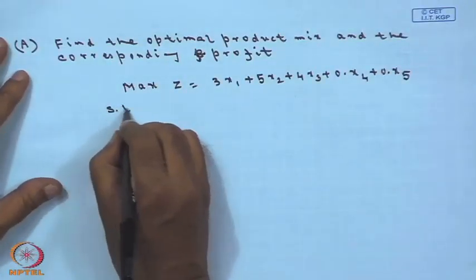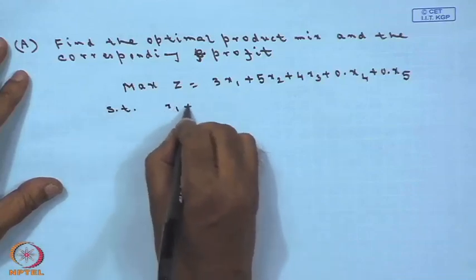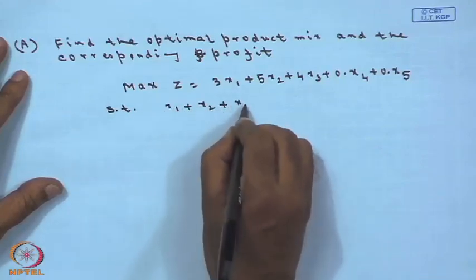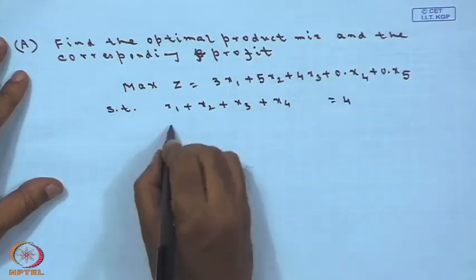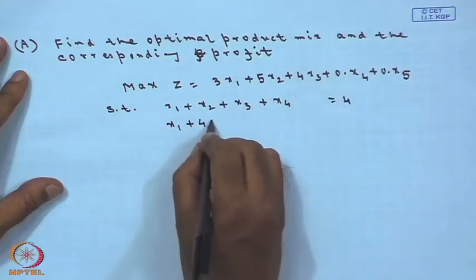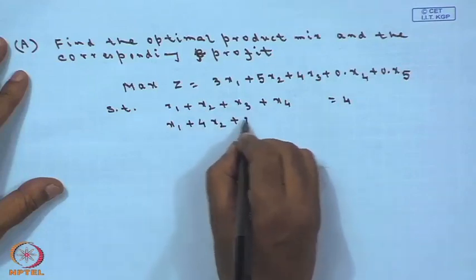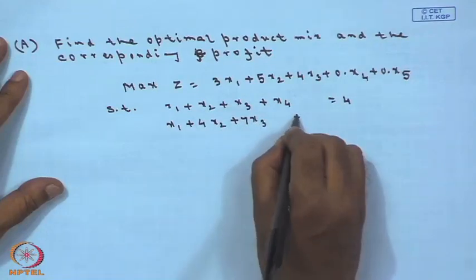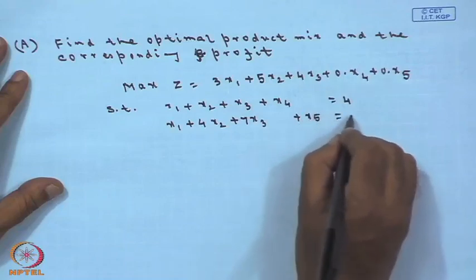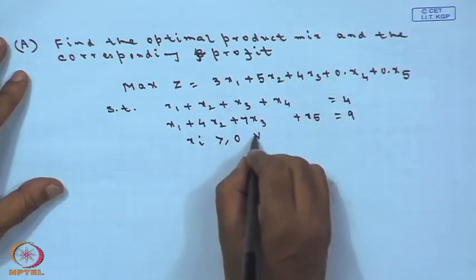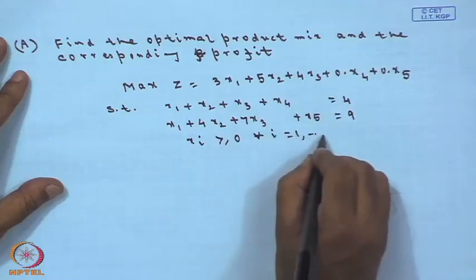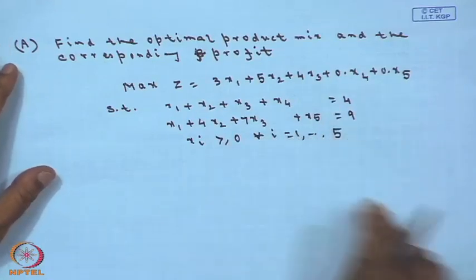So, we are using two slack variables, subject to x1 plus x2 plus x3 plus x4 equals 4, and x1 plus 4x2 plus 7x3 plus x5 equals 9, with xi greater than or equal to 0, where i equals 1 to 5. So, this is your problem.